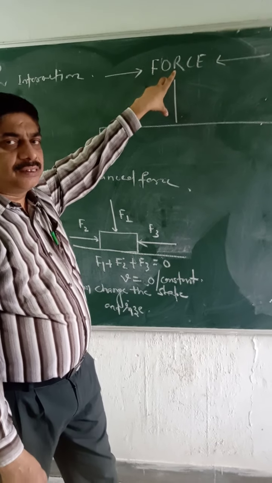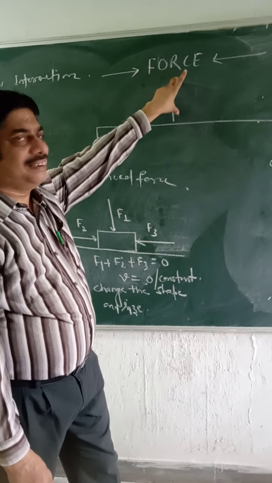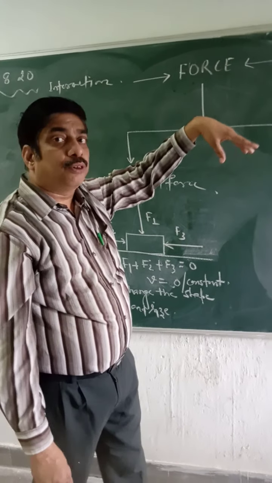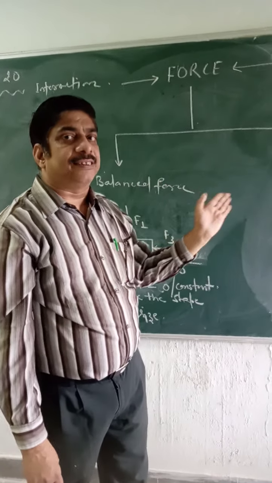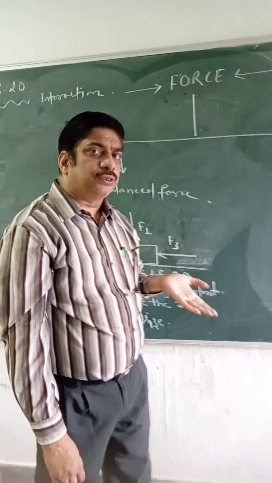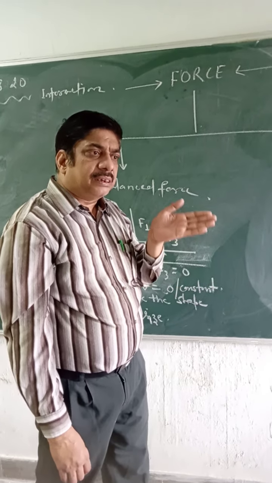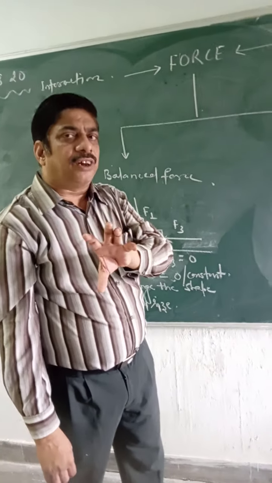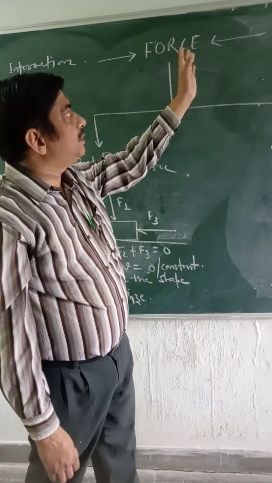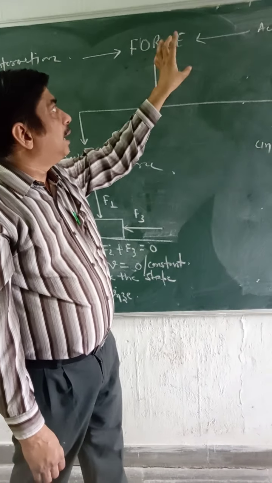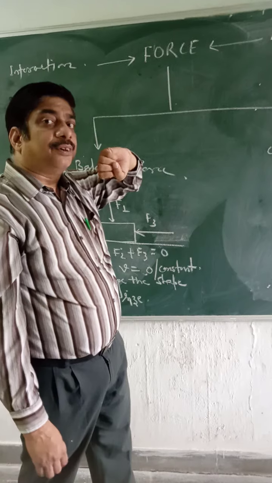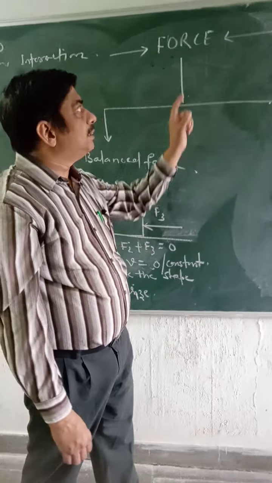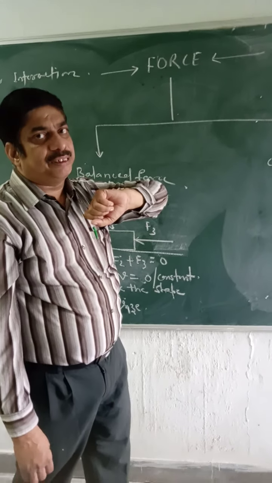Force is an external agent which has a tendency to change the state of motion, meaning rest to motion or motion to rest, or the speed has to be increased. The meaning of all this is a change in the state of motion. If not, then shape and size can be changed. If not, then the direction of the object can be changed.